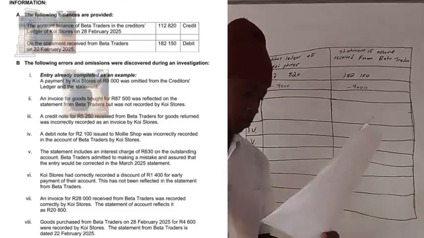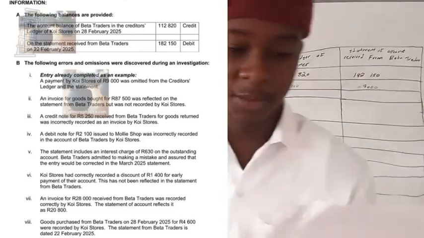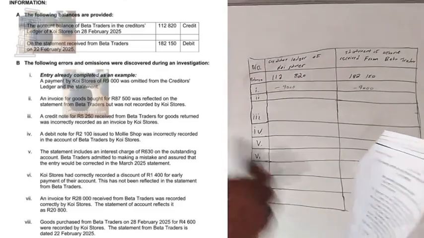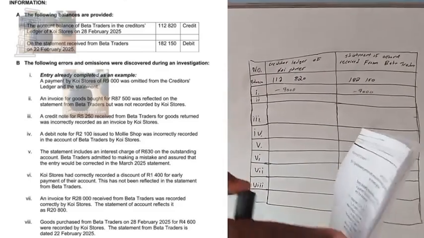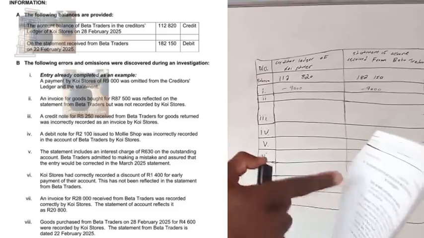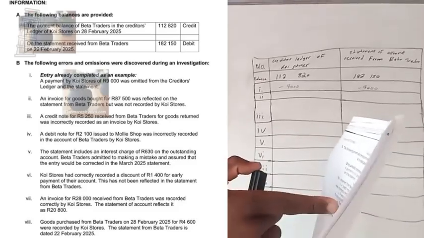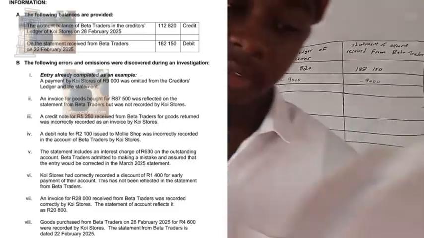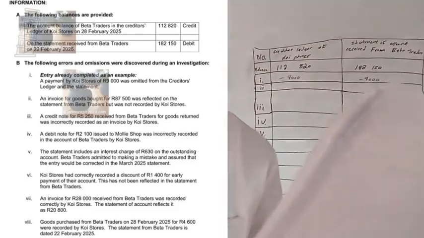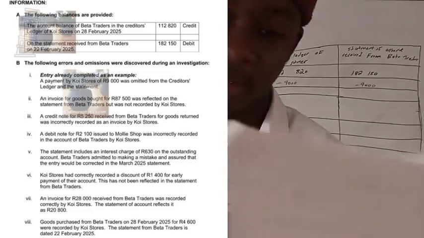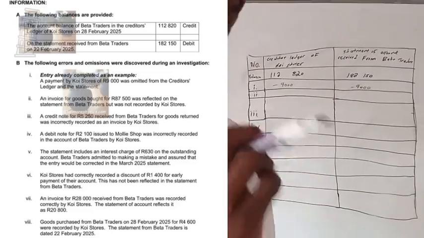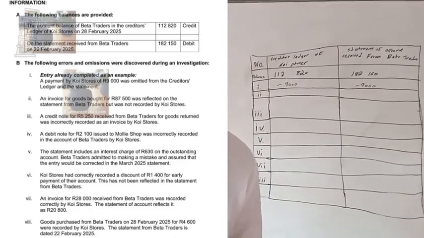Okay, one more thing. An invoice for goods bought for 87,500 was reflected on the statement from Beta Traders, but was not recorded by Koi Stores. So they're saying that an invoice for goods bought for 87,500 was reflected on the statement from Beta Traders, but it was not recorded by us.